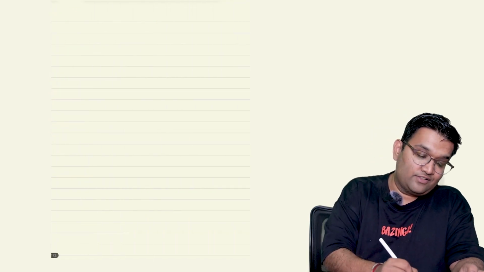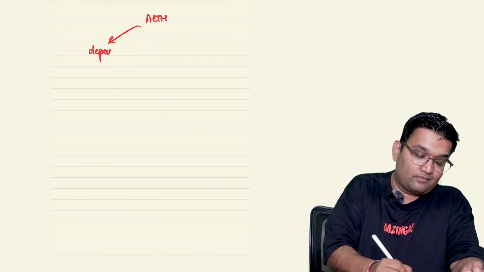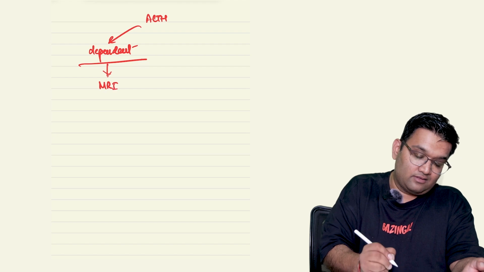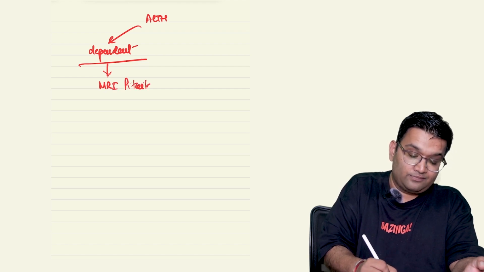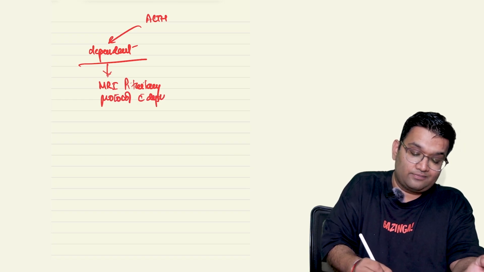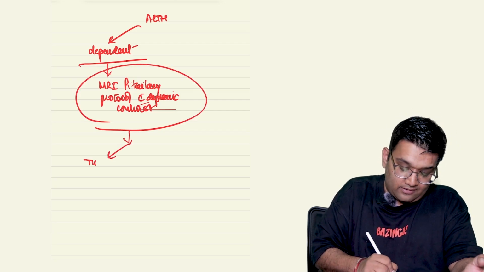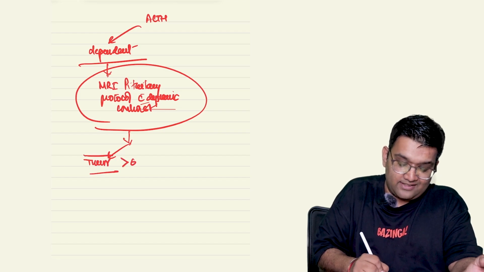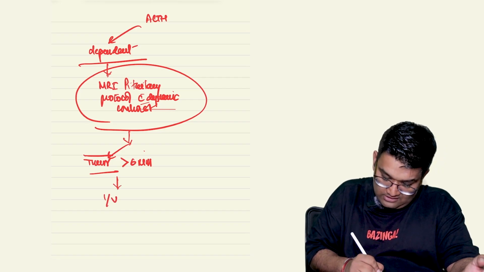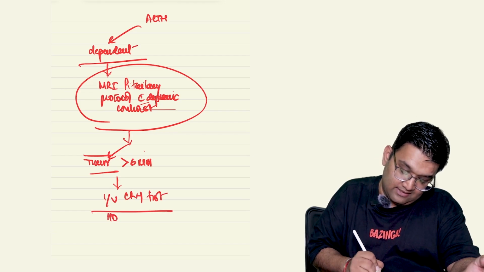After this, once we have determined that it is ACTH dependent, then we go for MRI pituitary protocol with dynamic contrast. What we are going to do in this? If the tumor is there, adenoma more than 6 mm, we are going to directly go for IV CRH testing or DST.